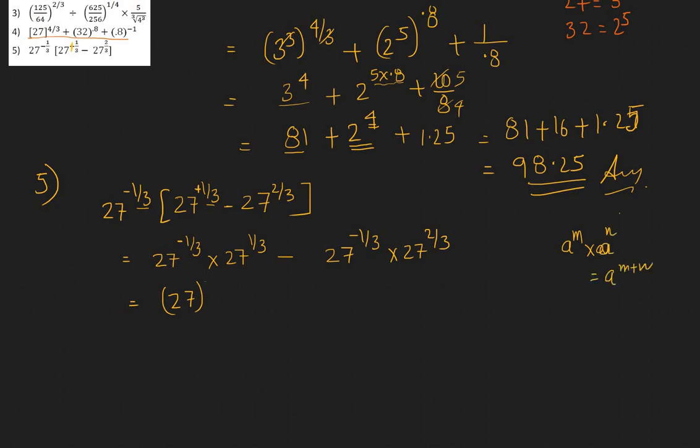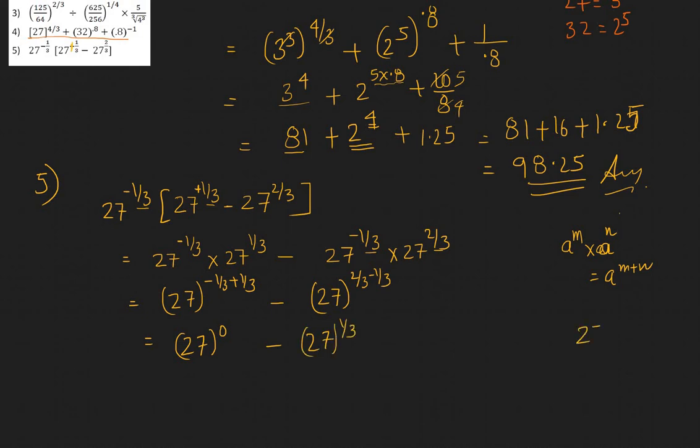So that's minus 1 by 3 plus 1 by 3, minus, you have 27 power 2 by 3 minus 1 by 3. In other words, you add both of these quantities. So that amounts to 27 power 0 minus 27 power 1 by 3.